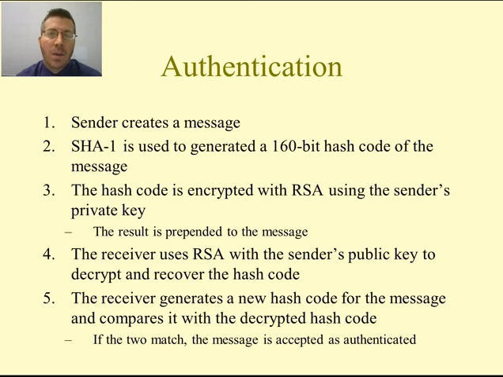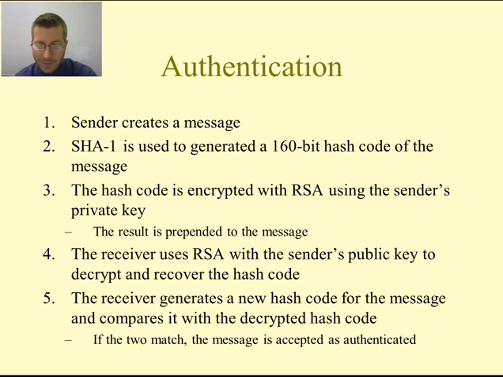That means that anybody along the way is going to be able to read the message itself. The way that we know that it's been authenticated, that we know who sent it to us, though, is that we decrypt it with the sender's public key. And then we get the hash code back out. Then we hash the message that we've received and see if the two hash codes match up.